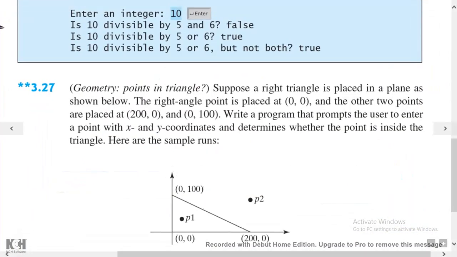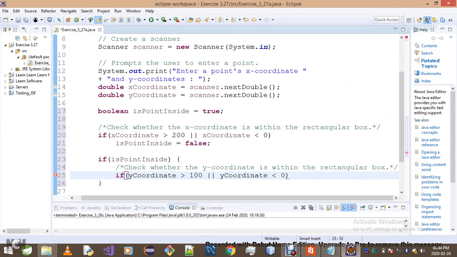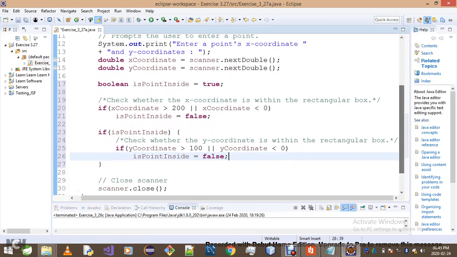I'm checking if my y coordinate is greater than 100, as you can see, or if it's less than 0, right here at the bottom. In that case, I would know that I've got to update my point. My is point inside variable, I've got to say it is false, right?